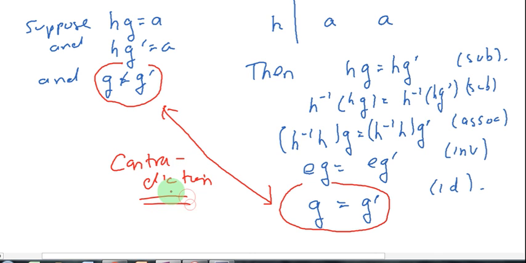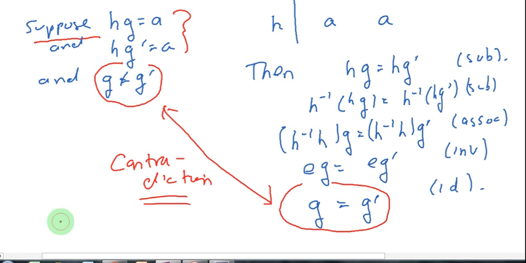Since we have a contradiction, our supposition cannot be true. So this cannot be true. You cannot have two different row entries have the same group element. So this gives us our result.